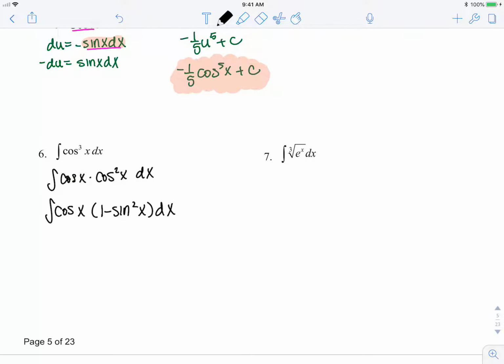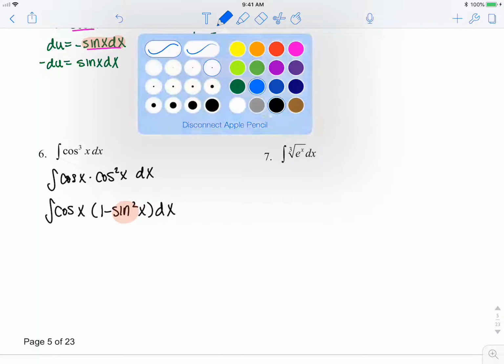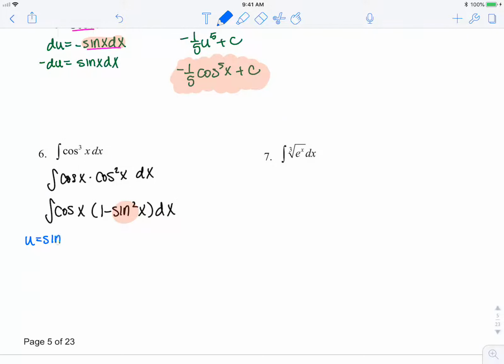So now, if I look at this problem, I can see that sine is being squared. So I'm going to let u equal sine x, and then du equals cosine x dx, which is happening here, right? Cosine x dx.